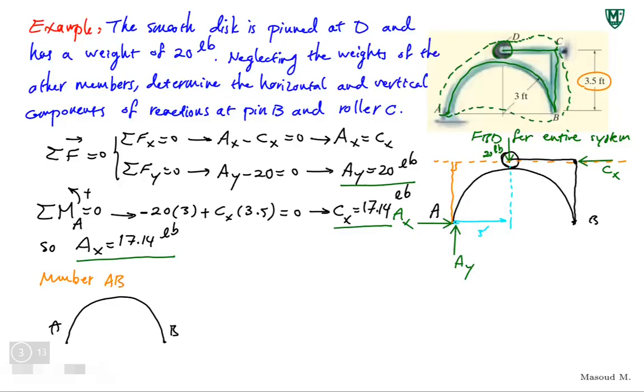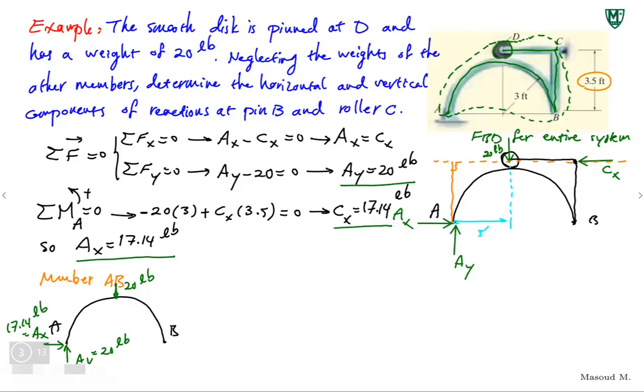All right, see what we have there. We have a downward force of 20 pounds. We already found AY and AX there, and we know their values. AY is 20 pounds, and AX is 17.14 pounds. And we're looking at B, that's a pin connection.